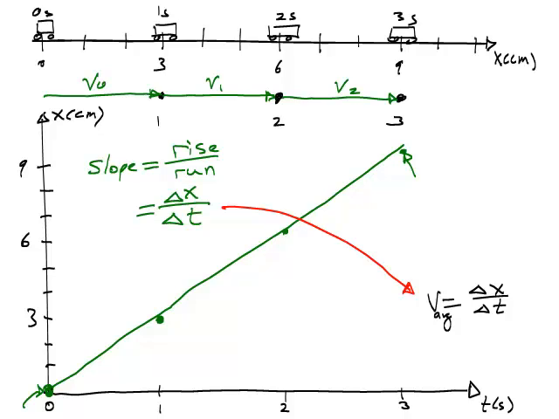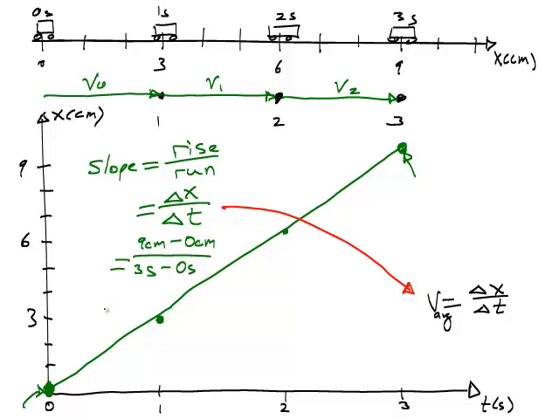So let's test that out. If I'm looking at this point right here, it was 9, 3. So we can see 9 centimeters, and that's also 3 seconds. This point right here is 0, so I want to subtract 0 centimeters and 0 seconds.